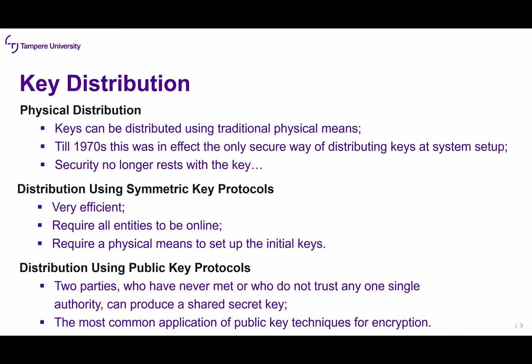Now, indeed, this is the most common application of public key techniques for encryption. So keep in mind that rather than encrypting large amounts of data by public key techniques, we agree on a key by public key techniques, and then we use symmetric ciphers to actually do the encryption of our data. Now, this methodology is called hybrid encryption.